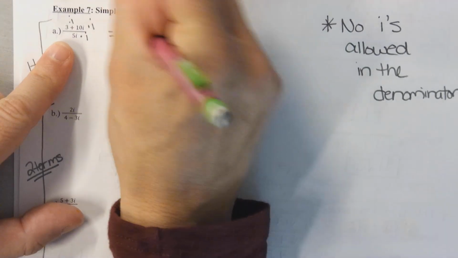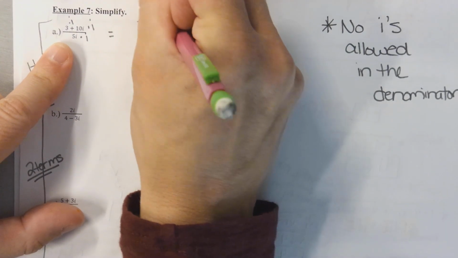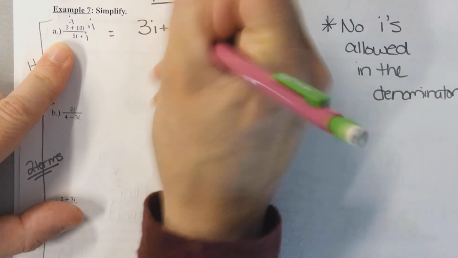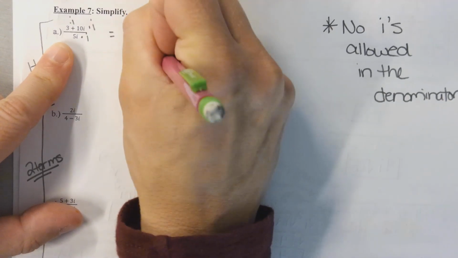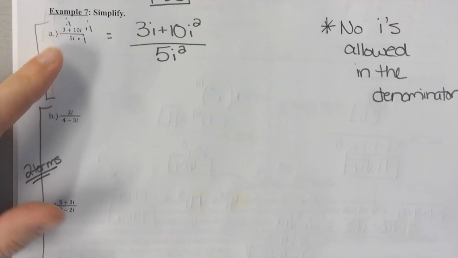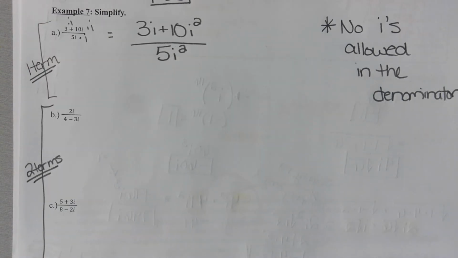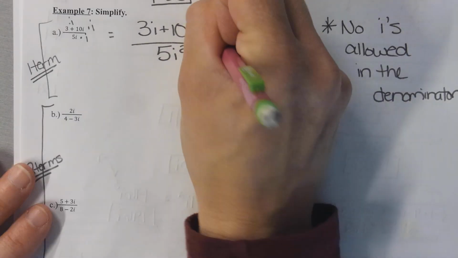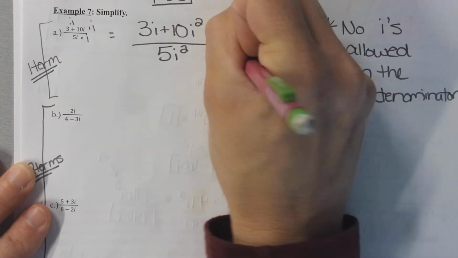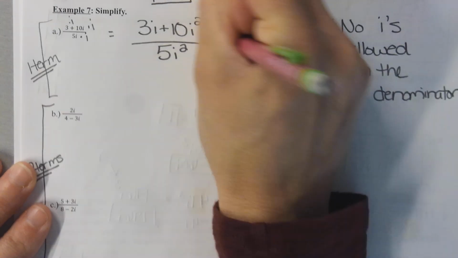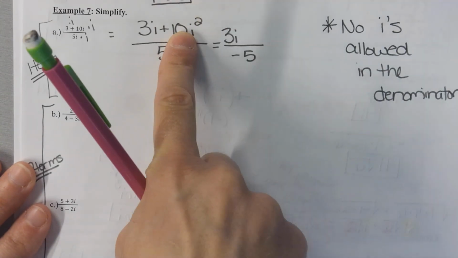All right, so I get 3i plus 10i squared all over 5i squared. The bottom's just going to have a negative 5. Do you guys agree with Jackson on that? In the top, I have 3i, and what am I going to put in place of this?